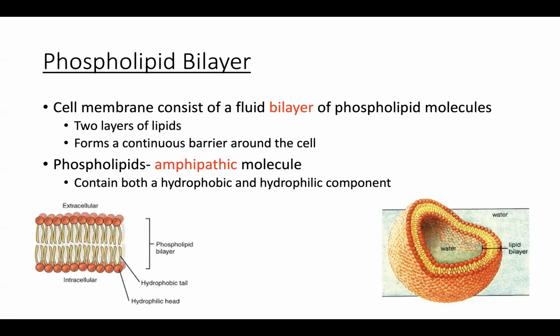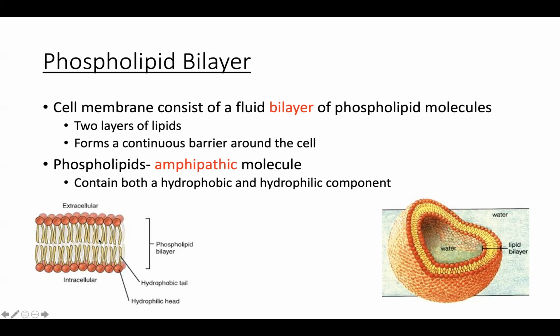And so the structure of the plasma membrane is referred to as a phospholipid bilayer. Okay, phospholipid bilayer. This structure refers to the fact that there are two layers of lipids. Okay, if you look at this picture that I have here, this is a picture of a phospholipid bilayer. Two layers of lipids.